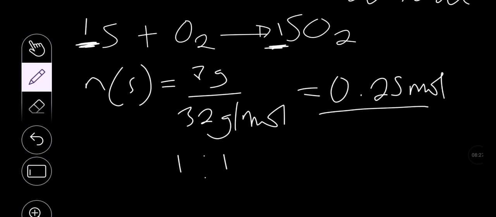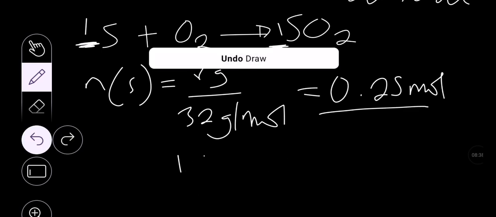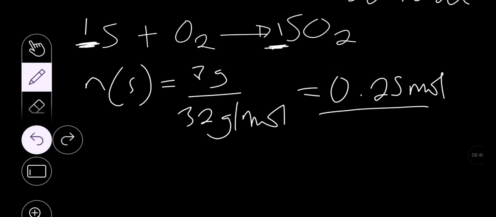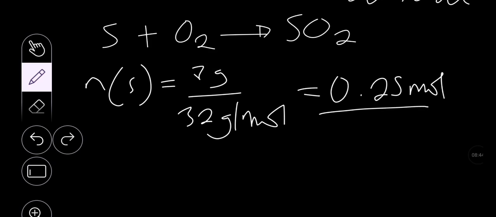Since we're just focusing on sulfur and sulfur dioxide, we are going to look at this ratio, sulfur and sulfur dioxide. So let's dive right into it. If 1 mole of sulfur is giving us 1 mole of sulfur dioxide, how about 0.25 moles of sulfur? How many moles of sulfur dioxide are we going to have?